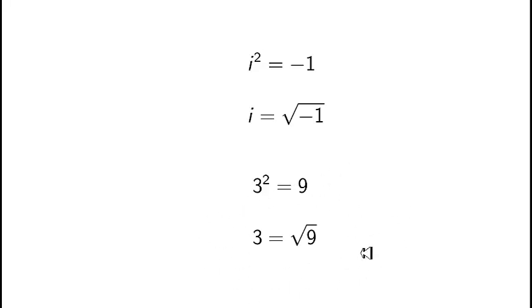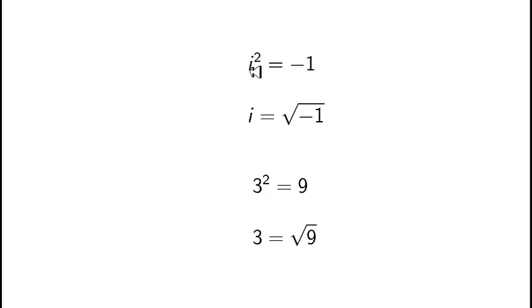Because we know that the square root of 9 in the real number system has two solutions, plus 3 and minus 3. Positive 3 times positive 3 is equal to 9, and negative 3 times negative 3 is equal to 9. So no one would ever say that since 3 squared equals 9, therefore 3 is equal to the square root of 9.